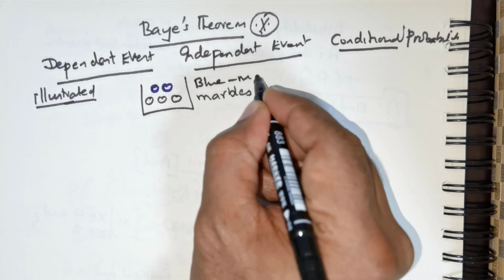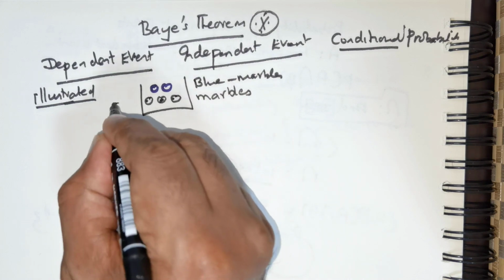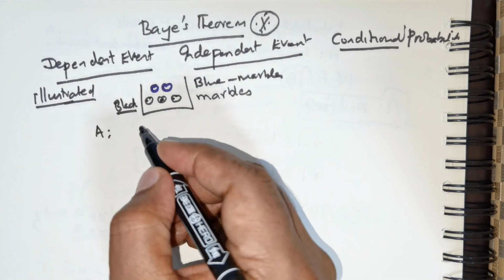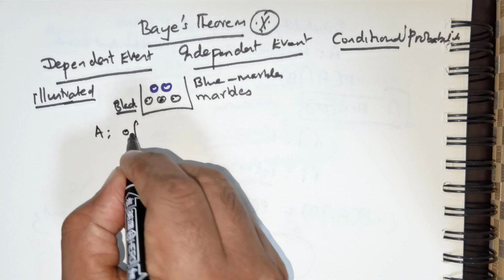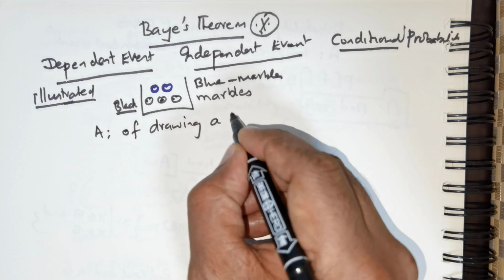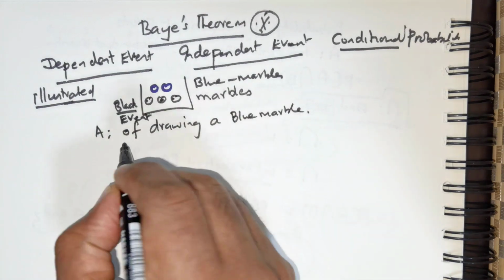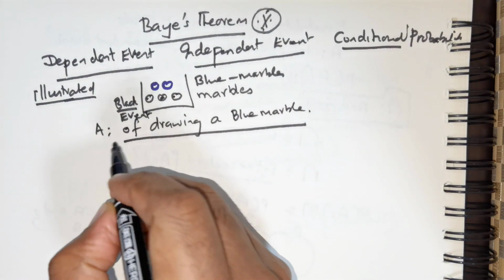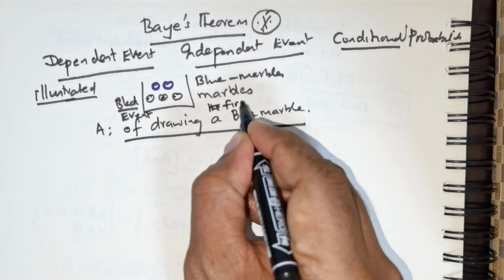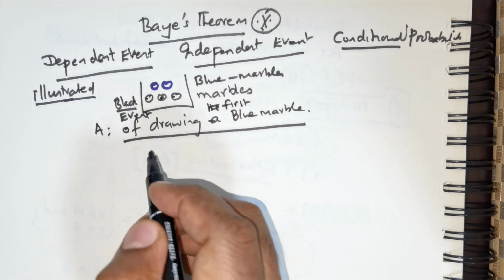I'll write black over here. Now let A be the event of drawing a blue marble. In particular, I want A to be the event of drawing the first blue marble. So that would mean we are interested in drawing both the blue marbles.